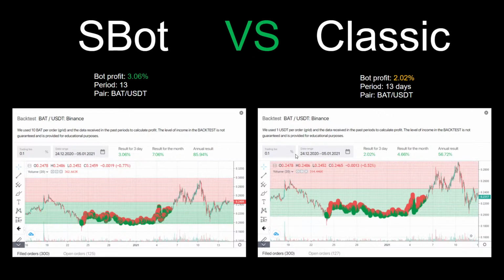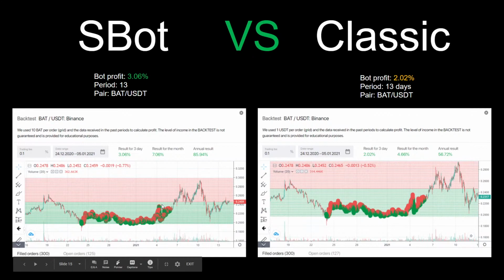Both have the same date ranges. And notice that the SBot managed to make 3% during this period of time, whereas the classic bot managed to make only 2%. So that's the visualized proof for you that the SBot brings you more returns than the classic bot on the sideways market formation.